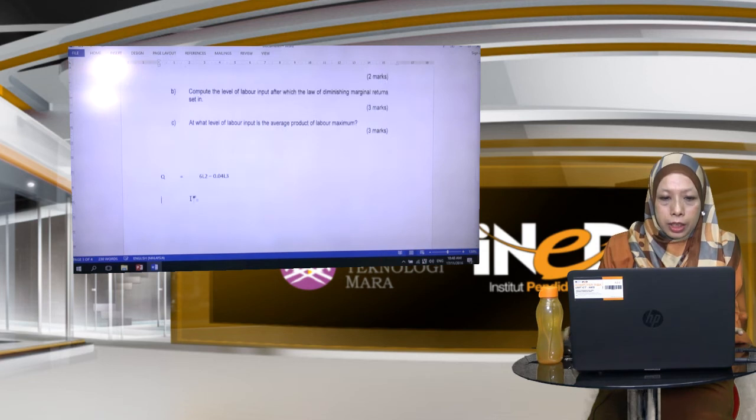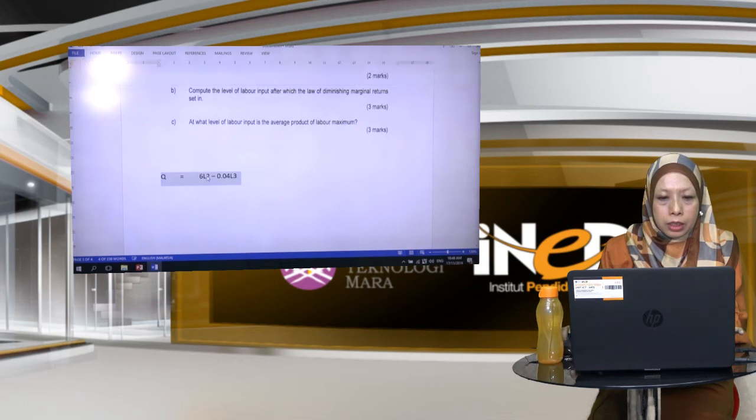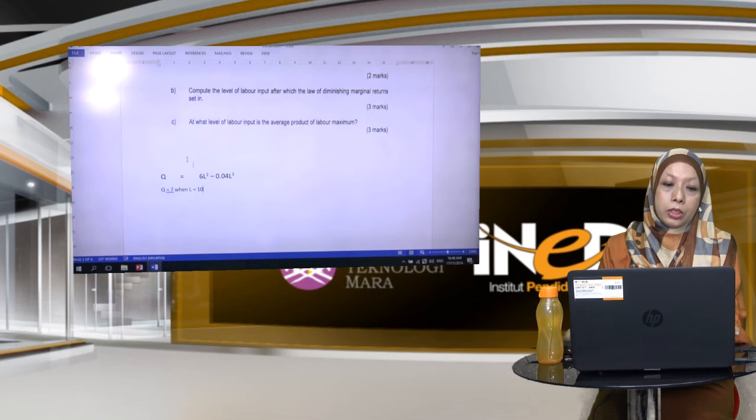Let me enlarge this a bit. Both 2 and 3 are the exponents for L. You were asked to find the value of Q when L equals 10. That's what the question wants.